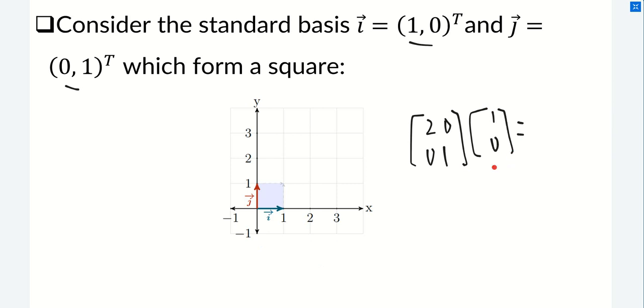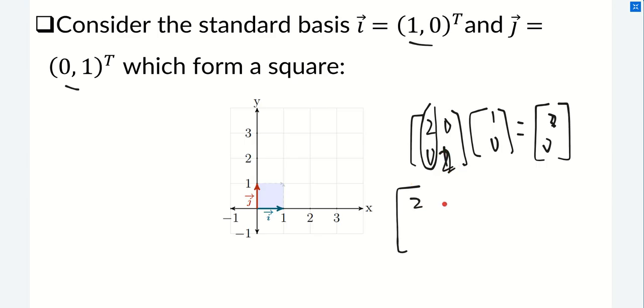We learned that if you are using the individual basis, this will give me this. Here is 2, sorry. The other one is 2, 0, 0, 2.